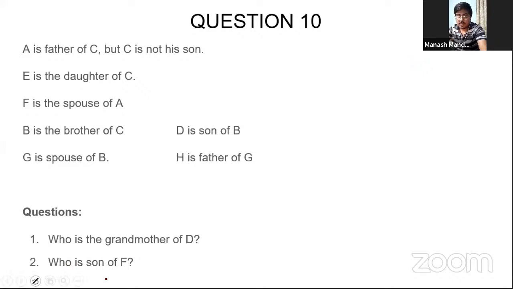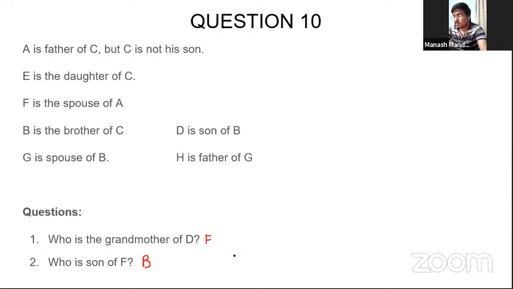Who is the son of F? Kushpreet is saying B is the son of F. Okay, let me write your answer here. It is saying B. Okay, Apurva is saying F is the grandmother of D. Okay, let me write F here. Okay, so both of you have answered one question each. Kushpreet is also saying F.